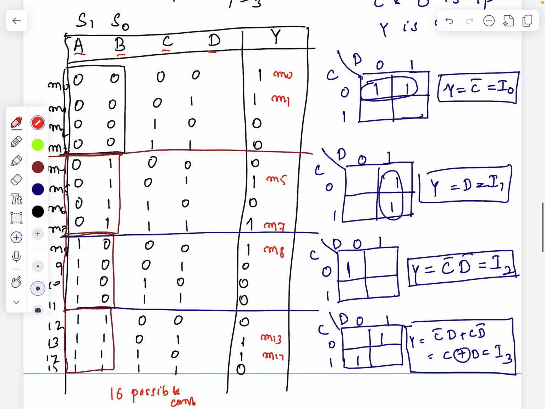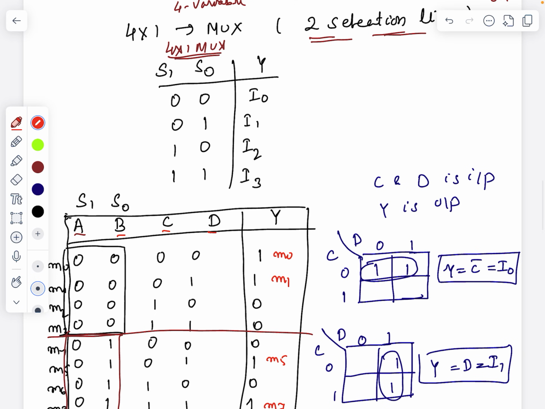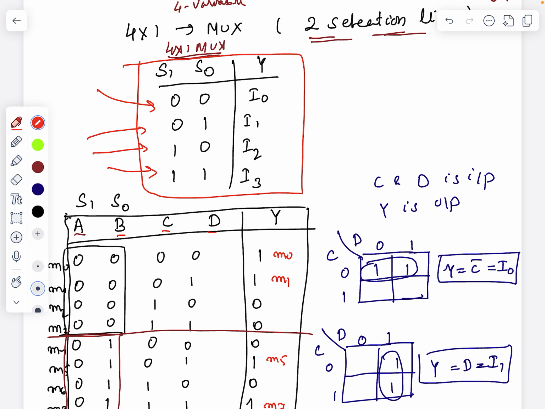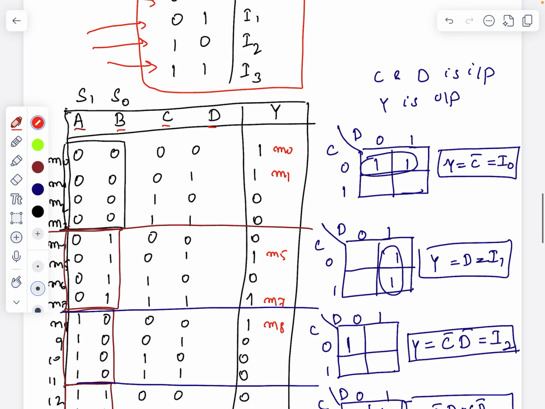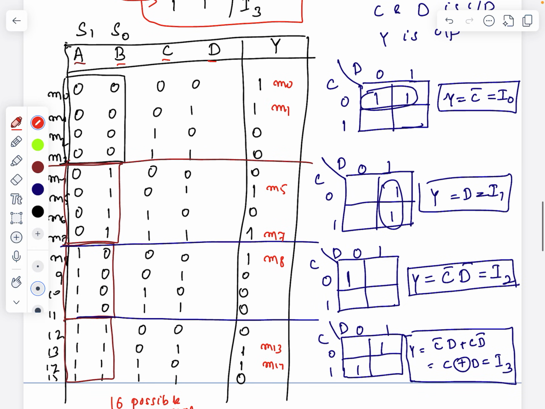Once I made this truth table, I need to go to the mux truth table. You can see that in the mux truth table we have four different combinations: 0 0, 0 1, 1 0 and 1 1. In ABCD, these are the four variables. You can choose C, D also, but I am deciding A and B as the selection lines.